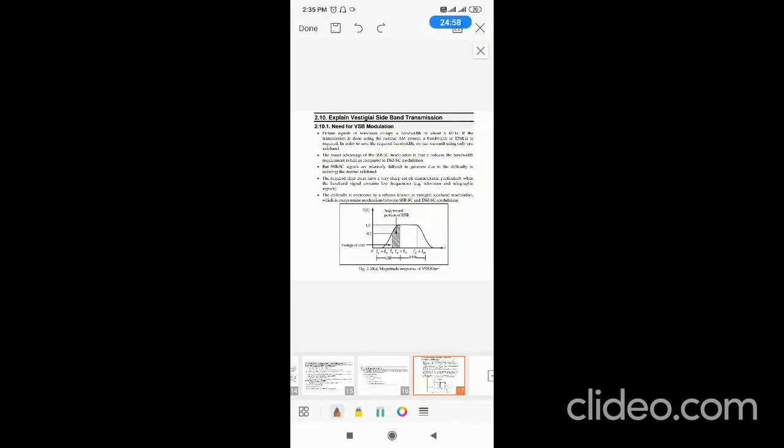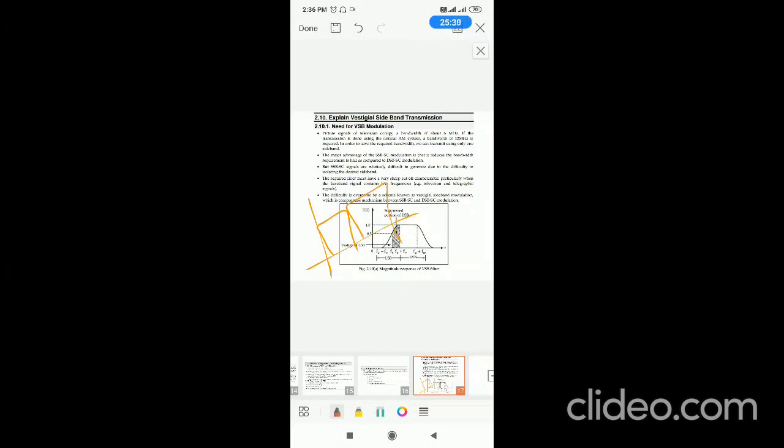Suppressed portion of USB. Let's suppose this is your spectrum, this is lower sideband, this is upper sideband.